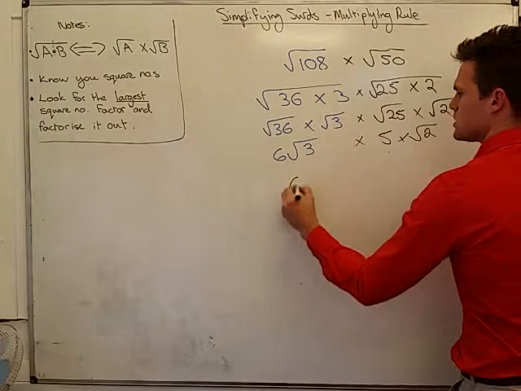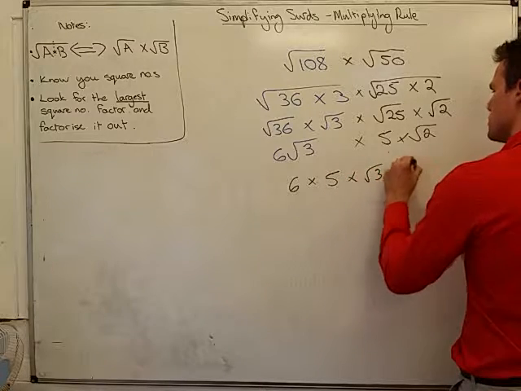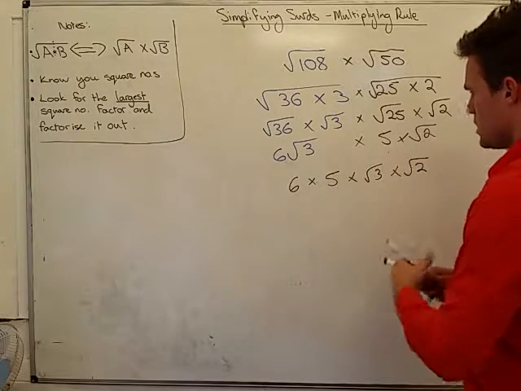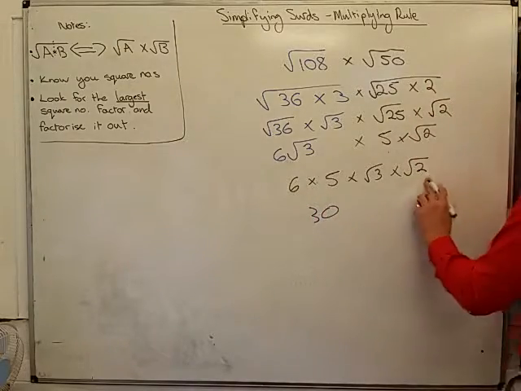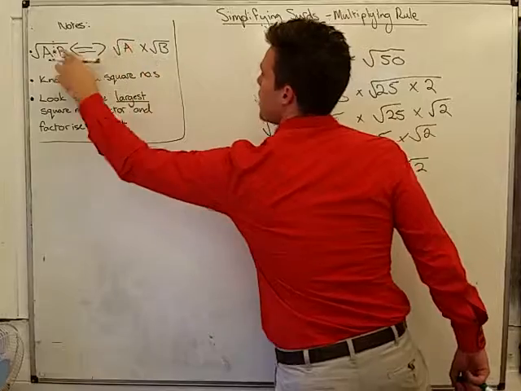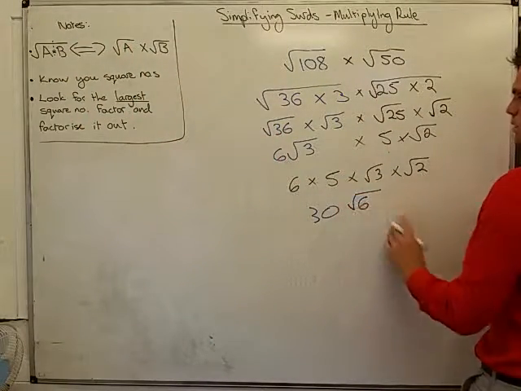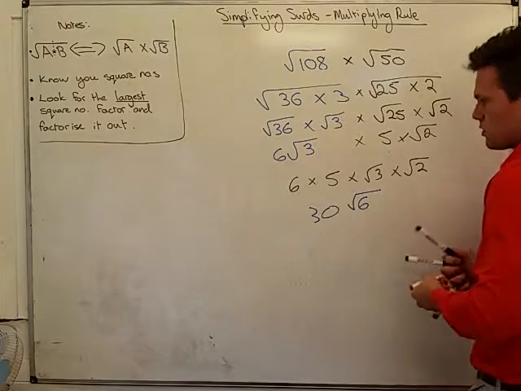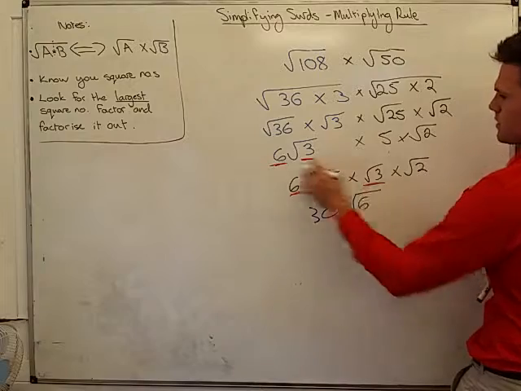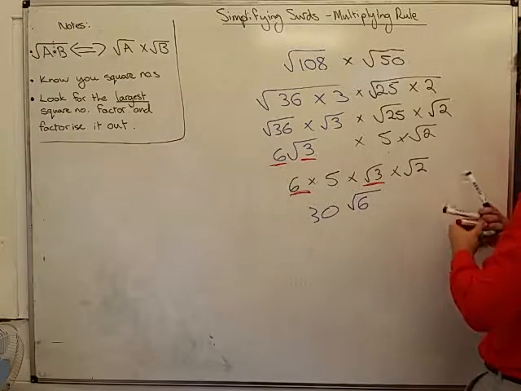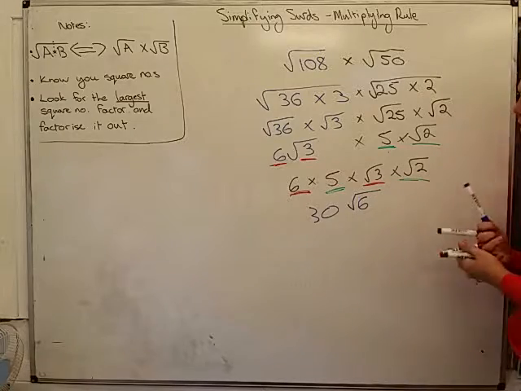So in this case now I've just got 6 times 5 times root 3 times root 2. 6 times 5 is 30. Root 3 times root 2, I just do the other direction, which is the square root of 3 times 2, which is root 6. Just so you know where these came from, there's my 6 and there's my 3. What I've done is I've just rearranged them, and here's my 5 and root 2.